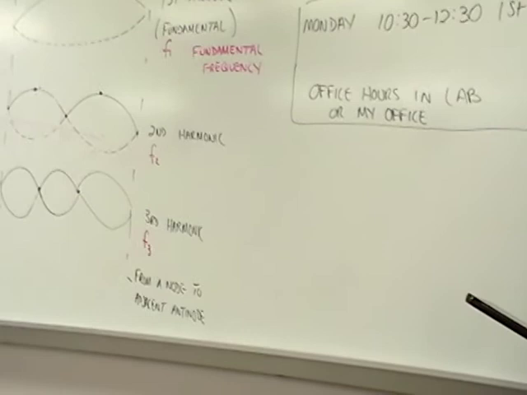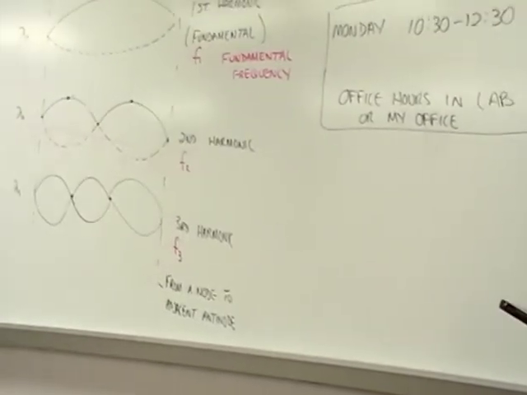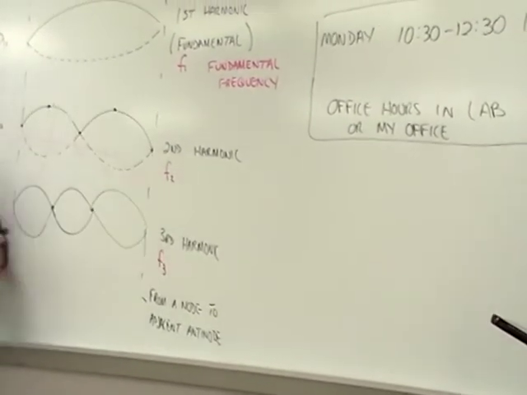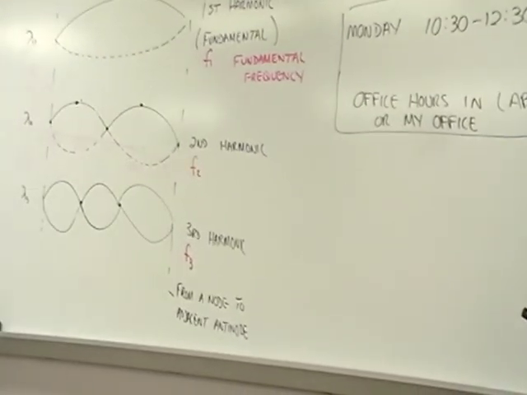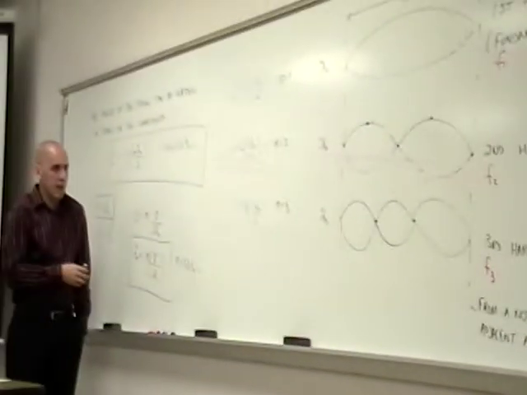So the length is the same for all the standing waves, but the frequencies are all different, the wavelengths are all different, and those are all indicated by those subscripts for the different harmonics. Okay. So what would F1 be in terms of this equation right here? How would I write F1?